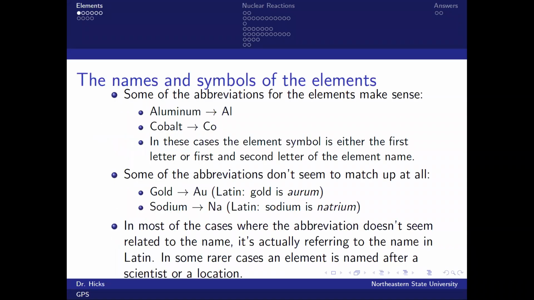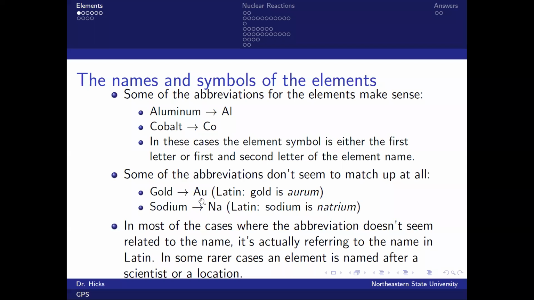Okay, so when we talk about elements and get into the next chapter 11, we're going to be referring to elements as how they're written on the periodic table, and some of their symbols make sense. Like aluminum, we abbreviate as Al, cobalt is Co. Some of them don't make sense.